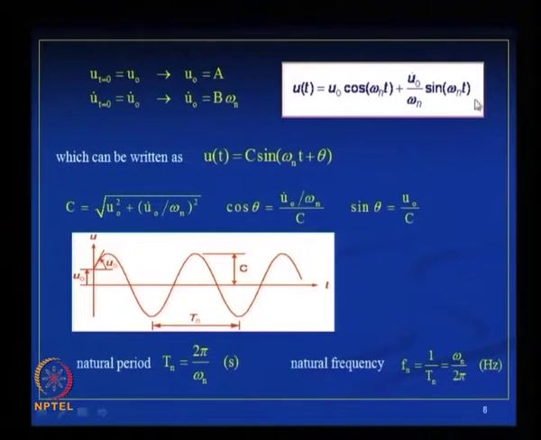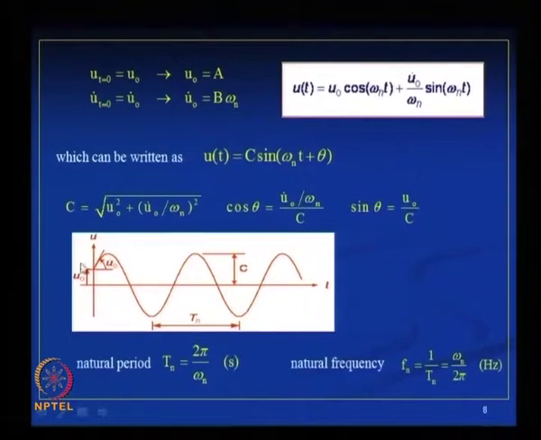Now, this same solution for the equation of motion, we can express in the form of a polar coordinate system. So, we have expressed it like this, where c is called the amplitude of motion, which can be computed like this, and theta is the phase. The natural period can be computed using this expression, and the natural frequency can be computed using this expression, and the response u as it varies with respect to time can be plotted like this.